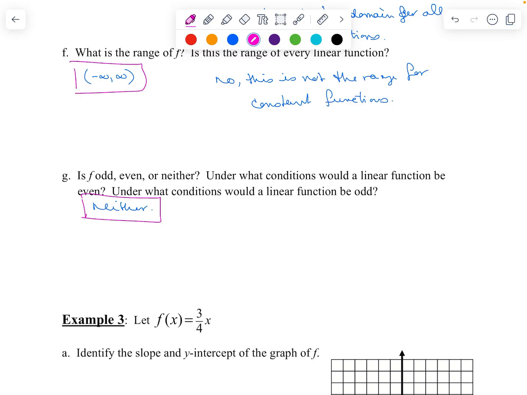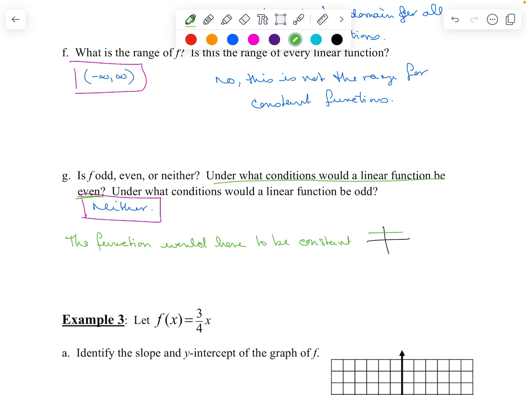Okay. Under what conditions would a linear function be even? So to answer this question, the function would have to be constant. Notice here are my axes.